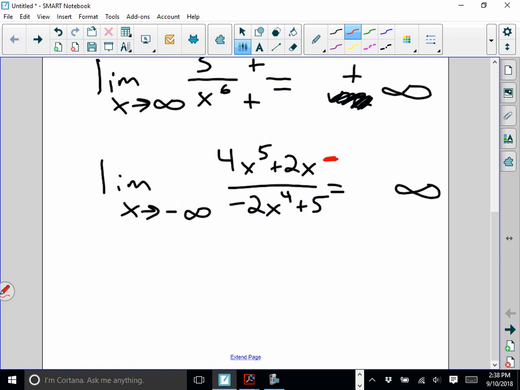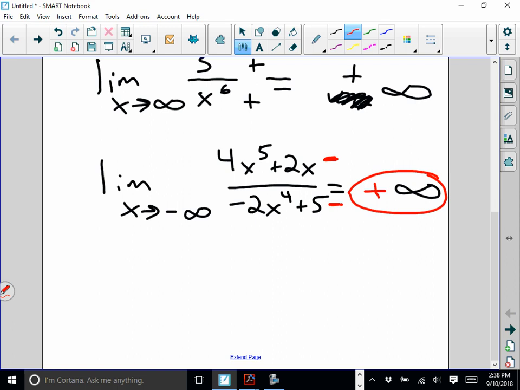A positive times a negative is a negative, and the overall sign of the bottom is also negative. What happens when I divide a negative by a negative? Well, you get a positive. So I get an answer of positive infinity.